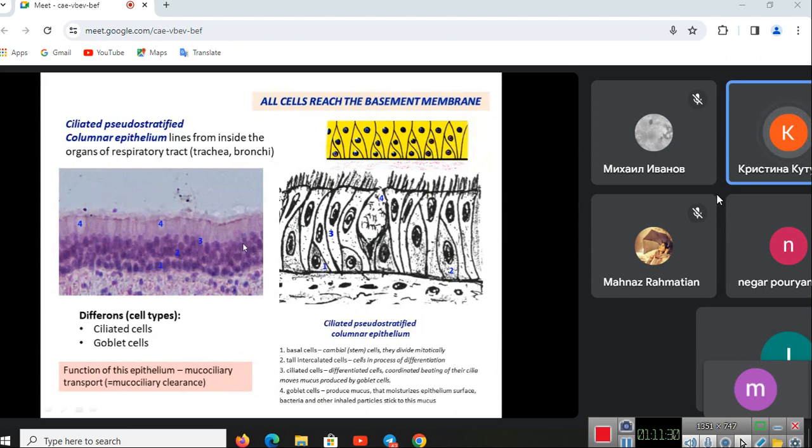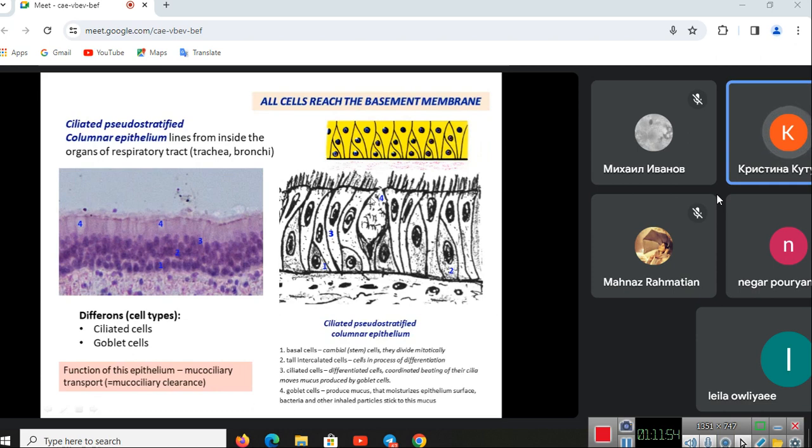And finally, the most top row of the cell nuclei in this epithelium is the row containing two types of mature cells, two different: ciliated cells and goblet cells. Goblet cells are almost the same as the goblet cells in intestine.